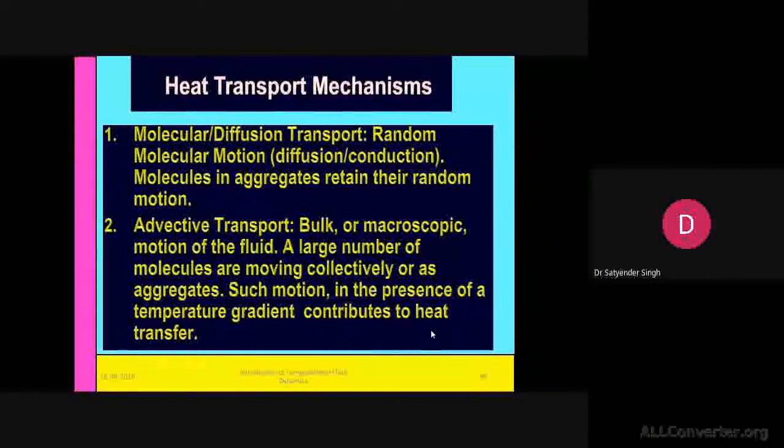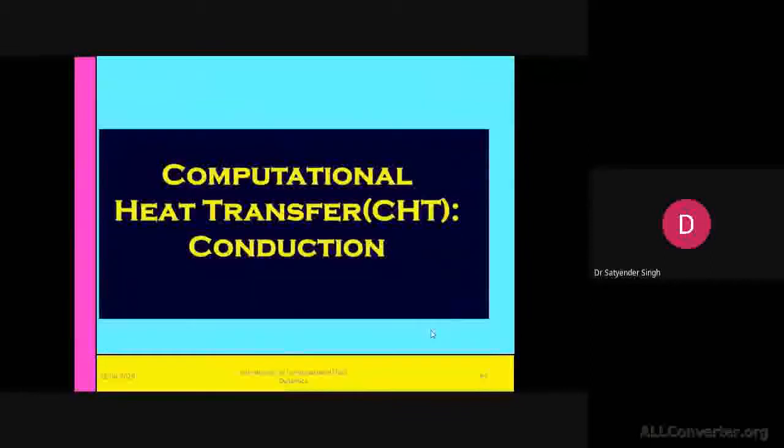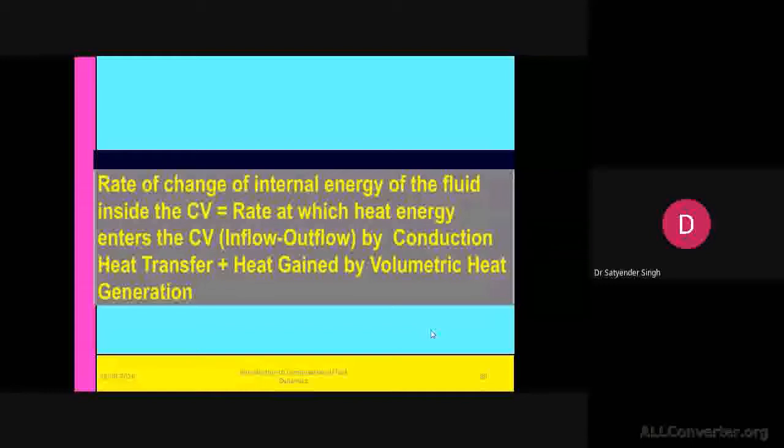So for the heat transport mechanism, we have diffusion and advection. First we will start with the solution for the diffusion term in the energy equation. We have the law of conservation of energy, and we'll apply it for the solid.